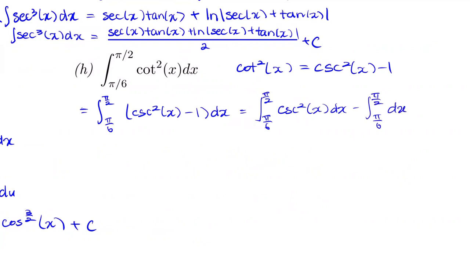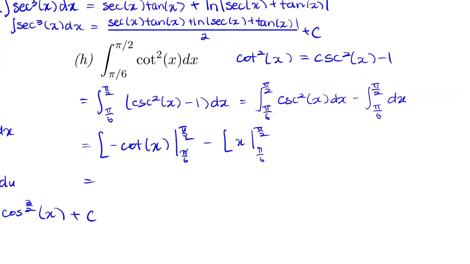For the first integral, we know that the derivative of cotangent is going to be negative cosecant squared of x, so the antiderivative for cosecant squared of x is negative cotangent of x, evaluated from pi/6 to pi/2. And we also have just a constant x from pi/6 to pi/2.